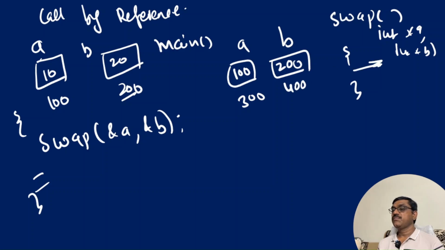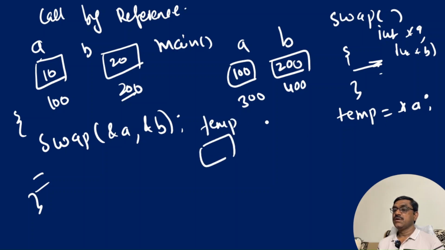Now, in this swap function, the called function, we have interchanged the values. How? We said temp equals star A. Assume that this is the temp variable. When you say temp equals star A, what does it mean? Star of 100, so the value at 100, indirectly.